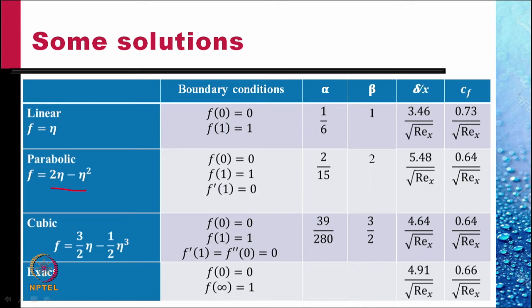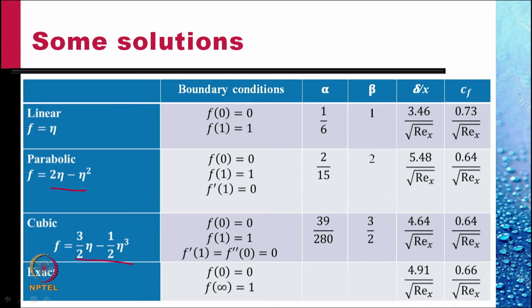For the cubic profile, we need four conditions. So it is not just the velocity tends to 1, but the first derivative of the velocity and second derivative of the velocity are also 0 at the edge of the boundary layer. So with these four conditions, the cubic profile has this simple form.